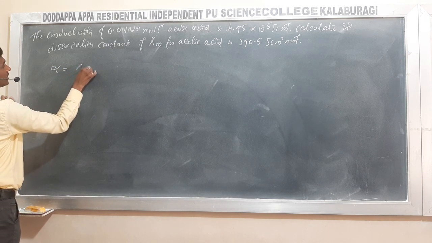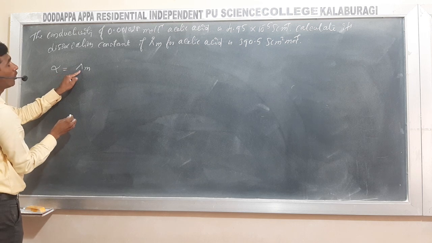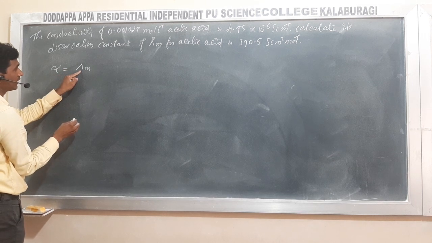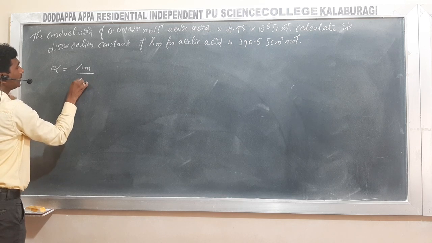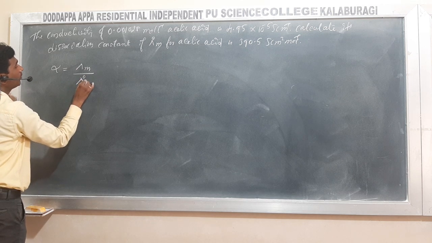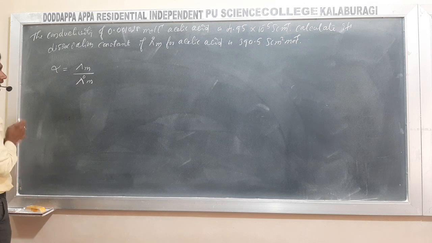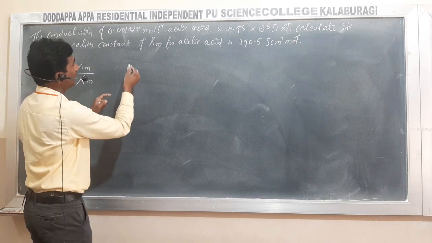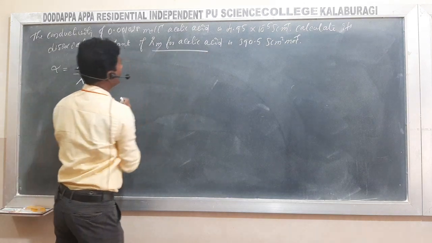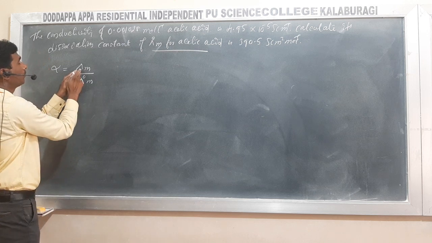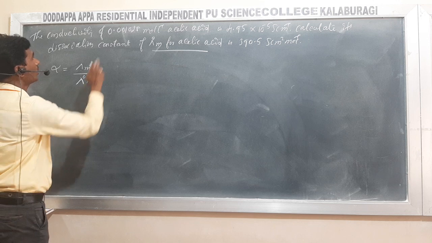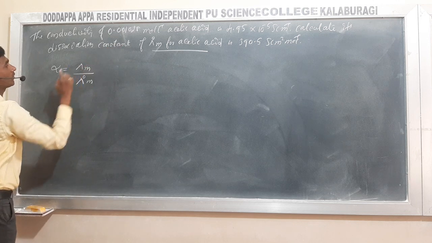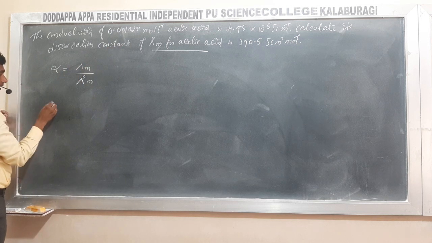Degree of dissociation is nothing but the molar conductance at a given concentration divided by the limiting molar conductivity. Here limiting molar conductivity is given, but molar conductivity at a particular concentration is not given. So first you have to find out the molar conductivity.